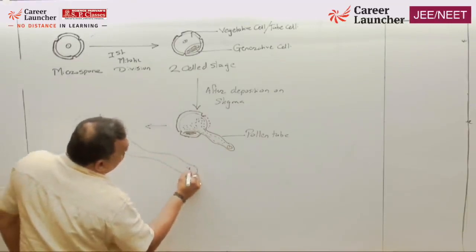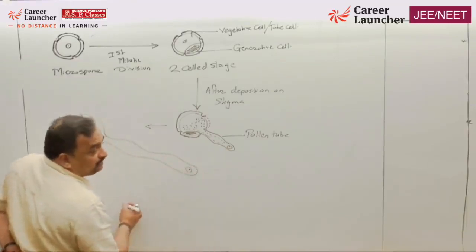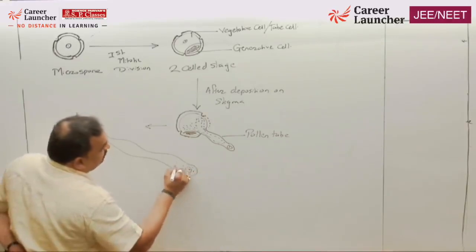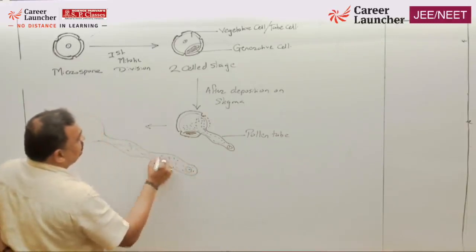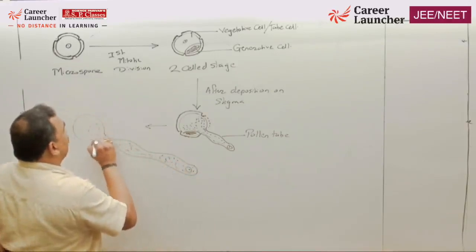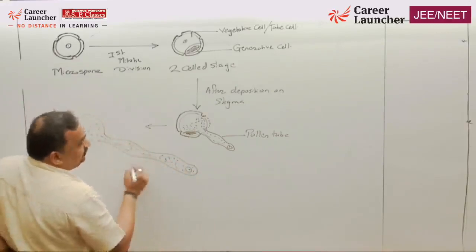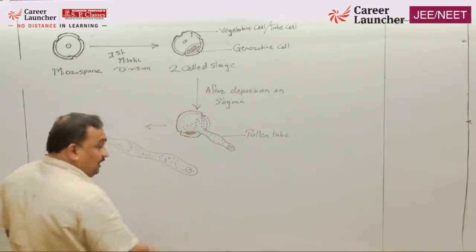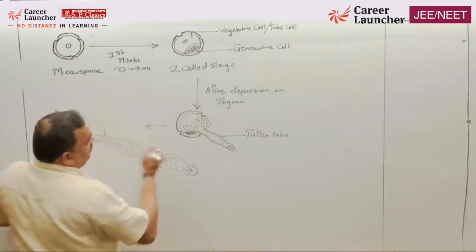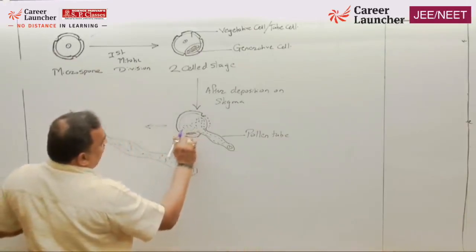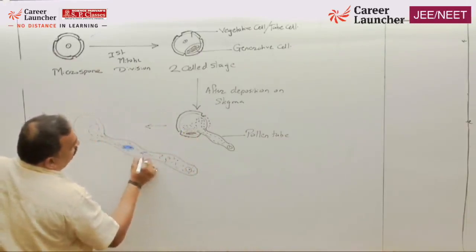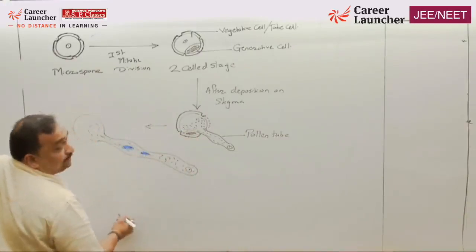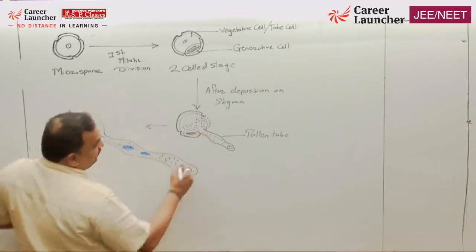You will see the tube nucleus towards the tip, barabar. You will see cytoplasm, yes or no? The entire cytoplasm has now shifted inside the pollen tube, correct? And the generative nucleus or generative cell has divided into not one but two haploid non-motile male gametes.